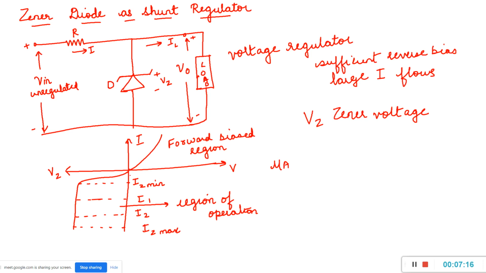Whatever may be the value of I here, the value of the voltage remains constant. Hence, it provides a constant voltage. It is known as a voltage regulator, which provides a constant voltage. In many electrical applications, you require a power supply which supplies a constant voltage.